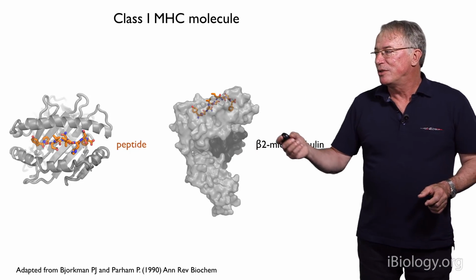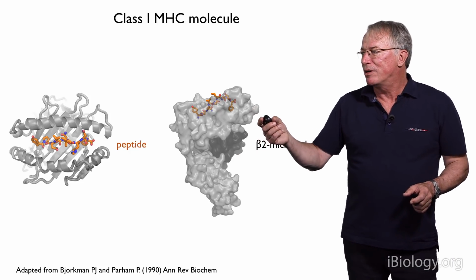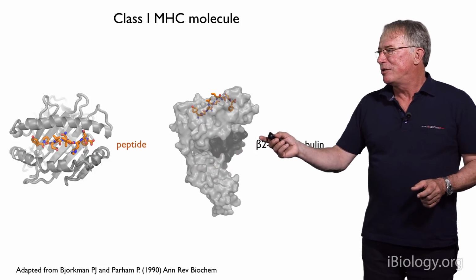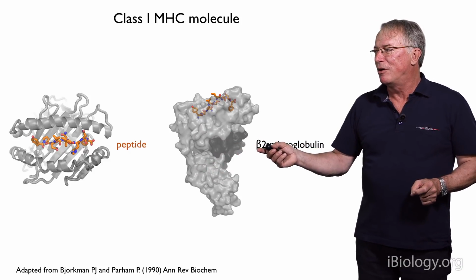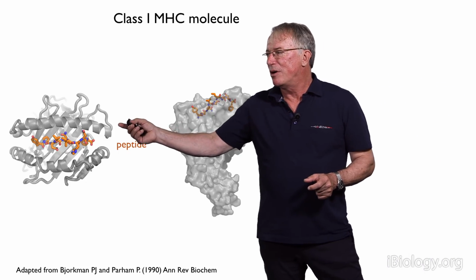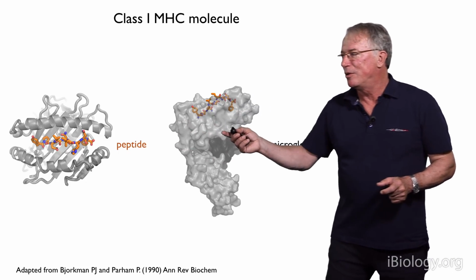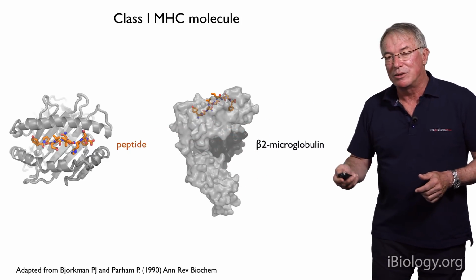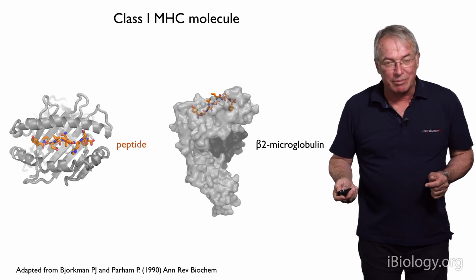The overall global structure of a class 1 MHC product is composed of a heavy chain in non-covalent association with its light chain beta-2 microglobulin. And it's this assembly that creates the peptide binding pocket. This is the top view of the very same molecule shown here, into which peptides bind for presentation to these antigen-specific receptors.